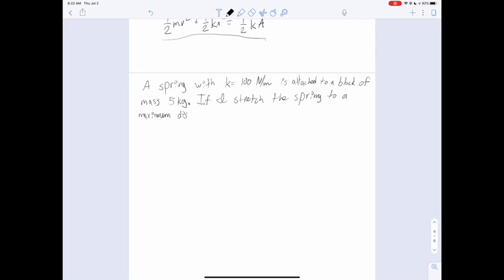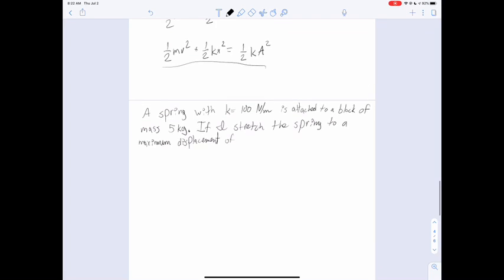So if I stretch the spring to a maximum displacement of 2 meters, I want to find out all of these things. I want to find out what is the maximum kinetic energy possible that this spring can store.